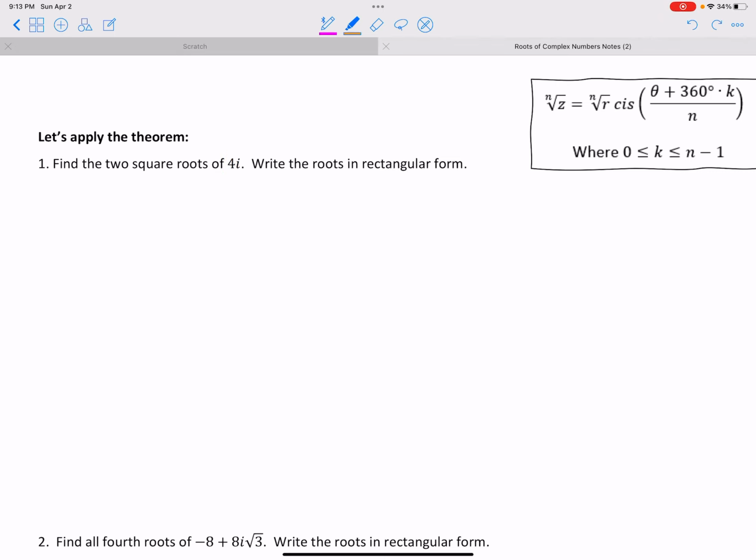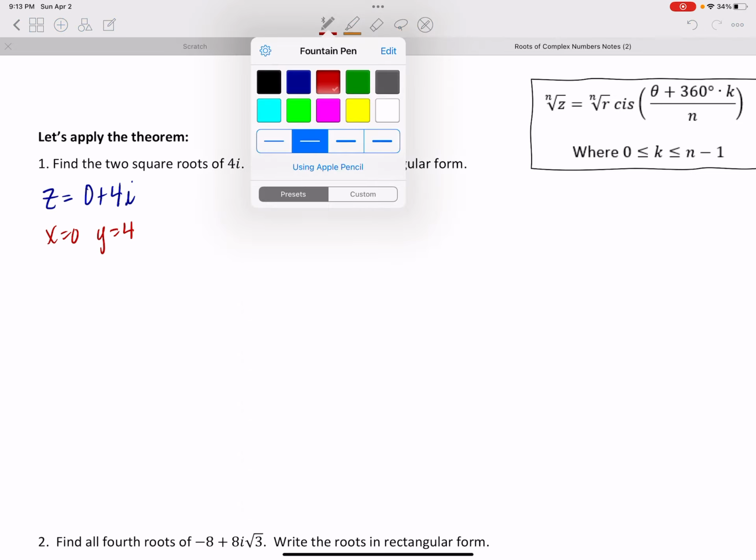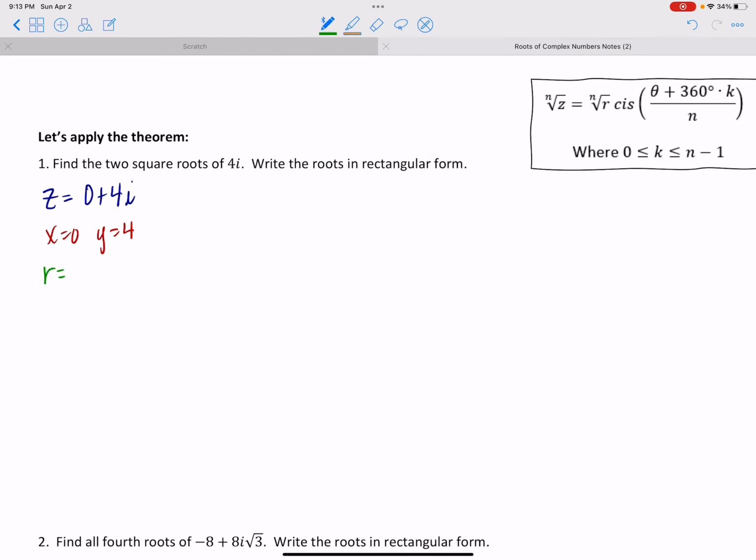So first, I'm going to say z, the complex number that we are looking at, is 0 plus 4i, which means the x component is 0, the y component is 4. So if I wanted to find the radius, the square root of 0 squared plus 4 squared is going to make 4. And that should make sense because our x component being 0 means we're not going to move left or right. Think about this graphically. If our y component is 4, we're just going up 4. So yeah, we have a radius of 4.